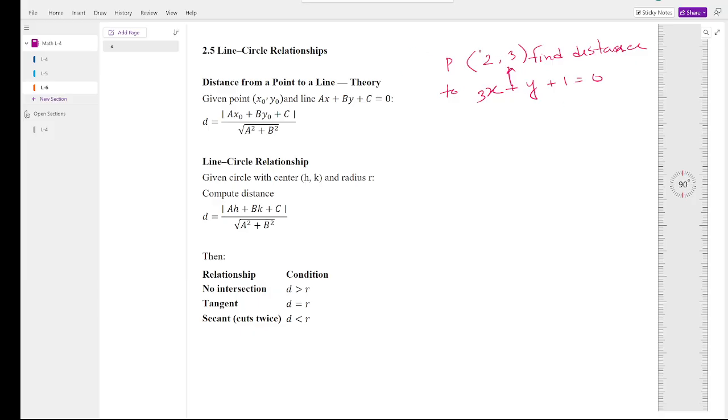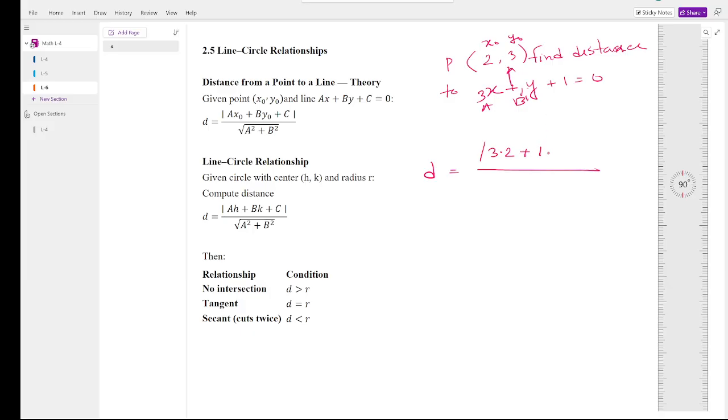So this is x naught, this is y naught, this is a, and this one is b. Now the distance d equal to mod a x naught plus b y naught plus c over root over a square plus b square. What is a? 3. X naught is 2. What is b? b is 1.